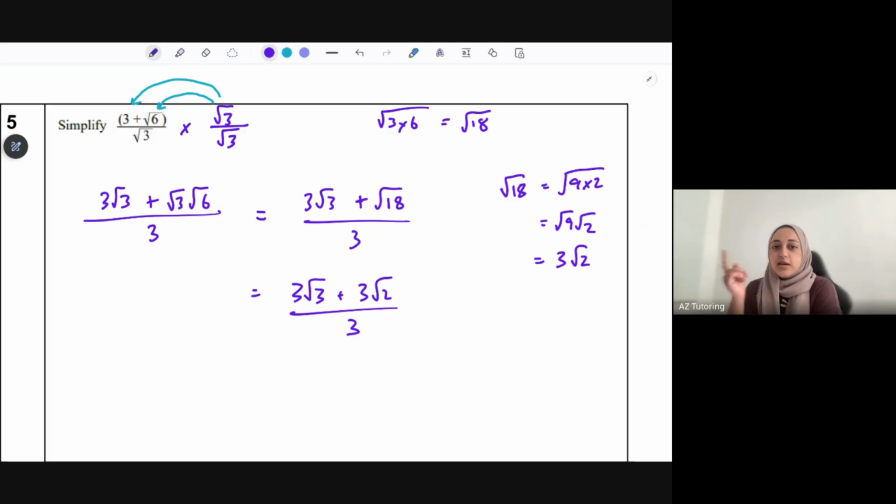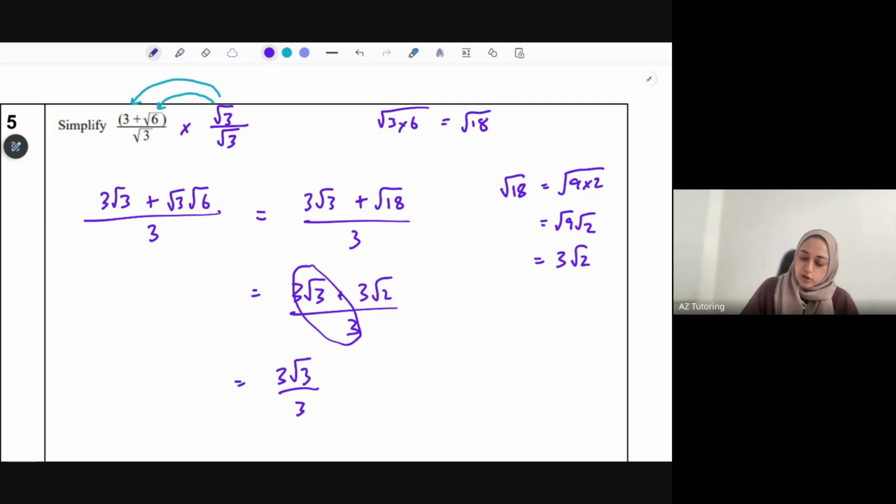Now the mindset for that is I was trying to pull out a square number. And the reason why I wanted a square number was because then I can change it to a normal integer number when I square root it. Okay, now I can split this into 2 fractions. I can say 3 root 3 over 3, plus 3 root 2 over 3.